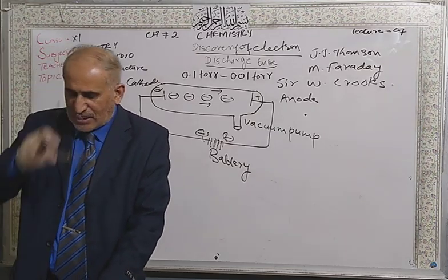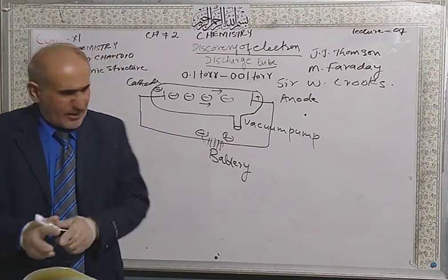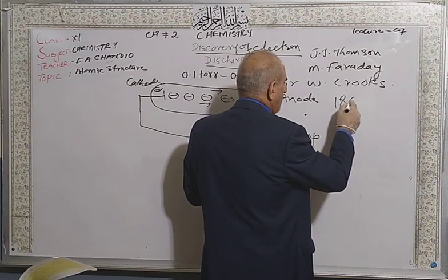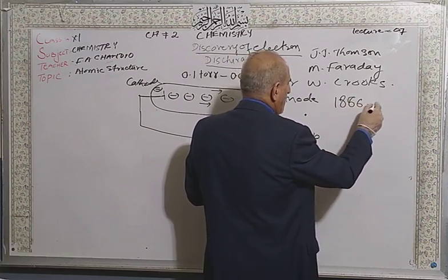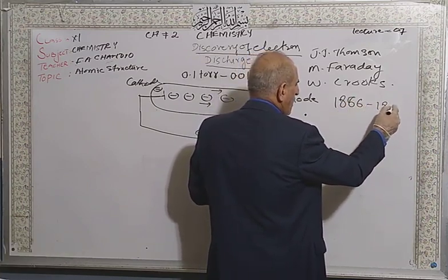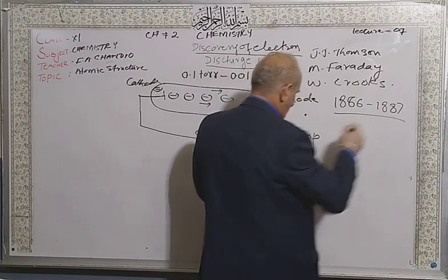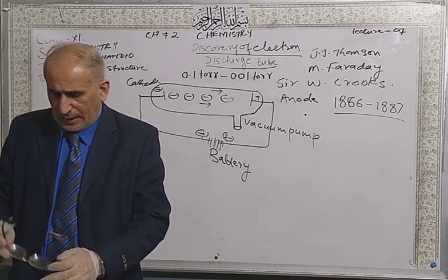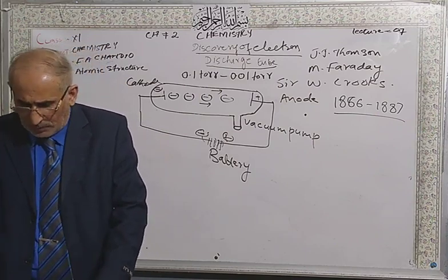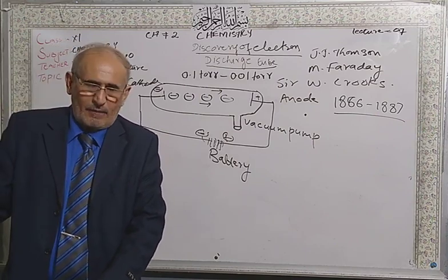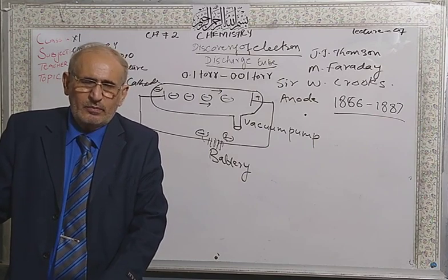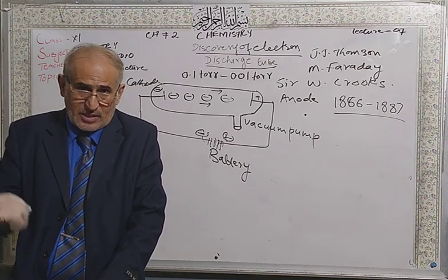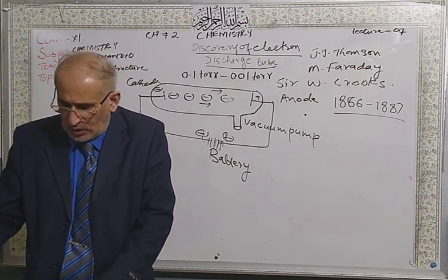Actually, this experiment was done in 1886, 1887. According to your book, before, we called them cathode rays, now we call them electrons.